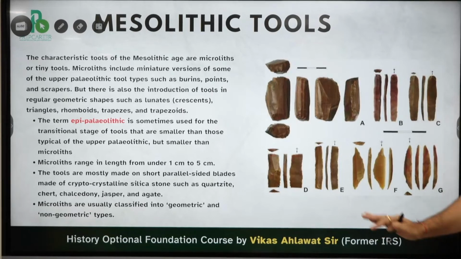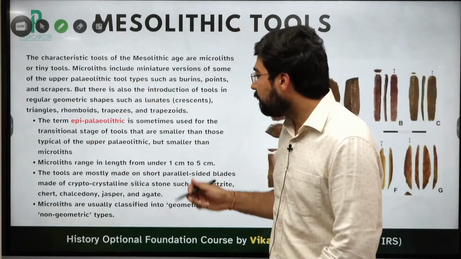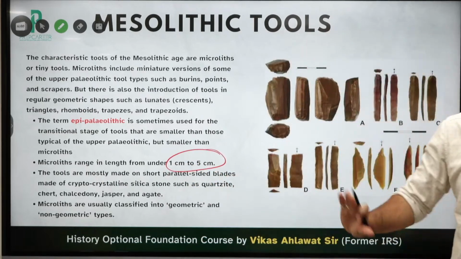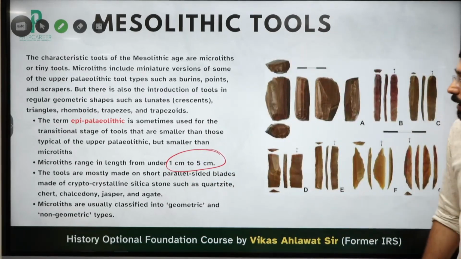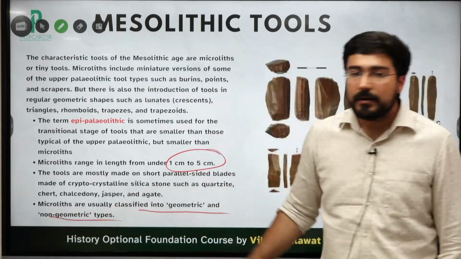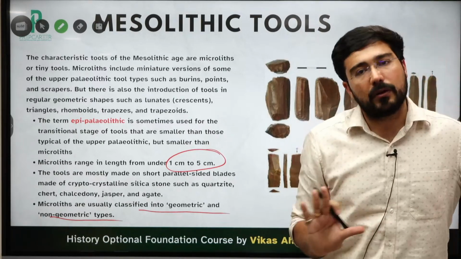These are the different categories of tools which we found, known as microliths. An important thing here: some of these microliths, as I told you, were roughly 1 centimeter to 5 centimeters. Plus, their industry was divided into geometric and non-geometric. This is one feature which you can remember for microliths.